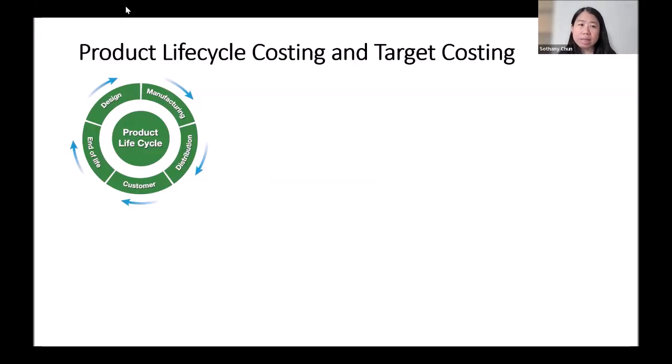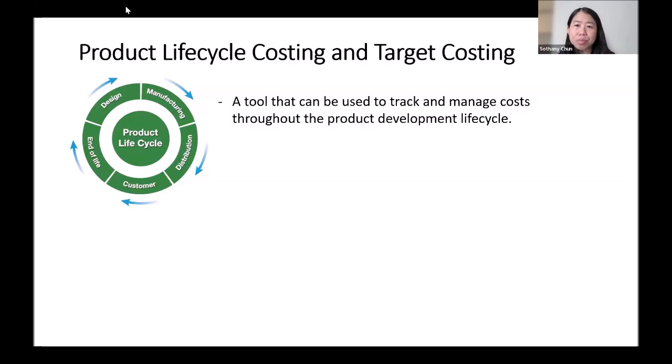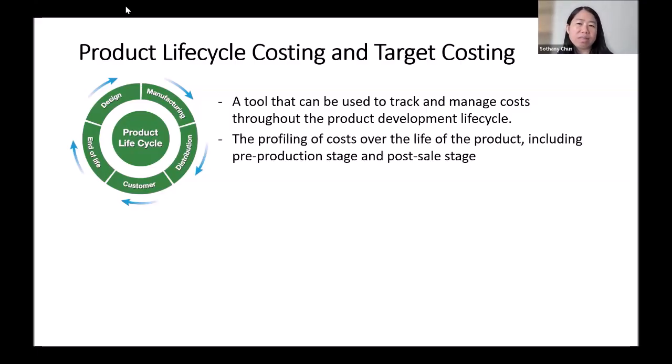And that end of life part also has a huge cost, which is mostly forgotten. As already explained, it's a tool used to track and manage costs throughout the product life cycle. And from this product life costing, we are profiling the cost over the life of the product.